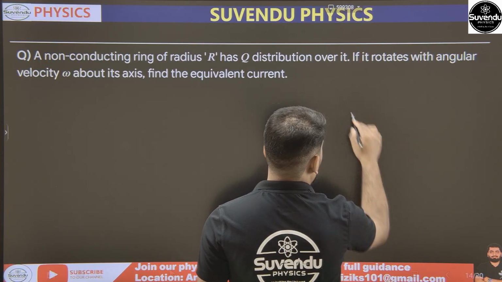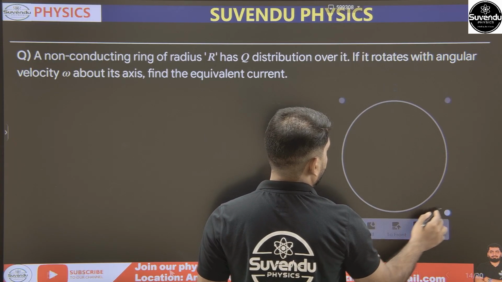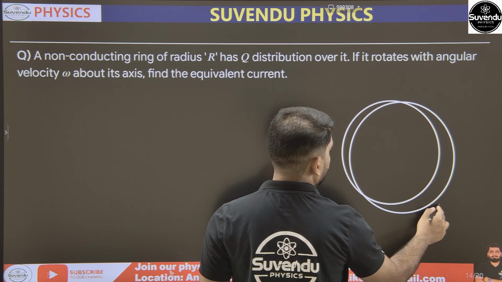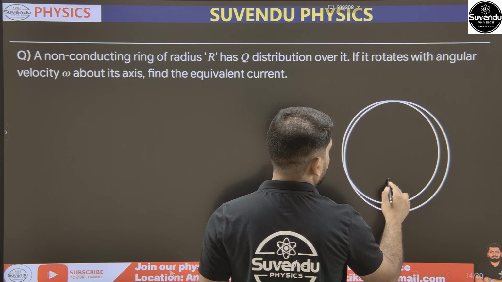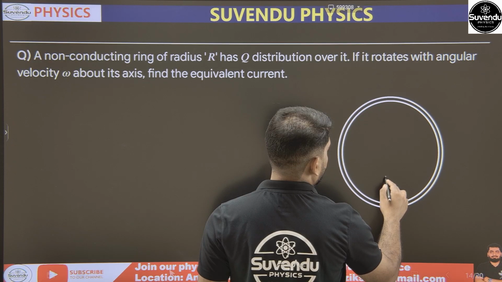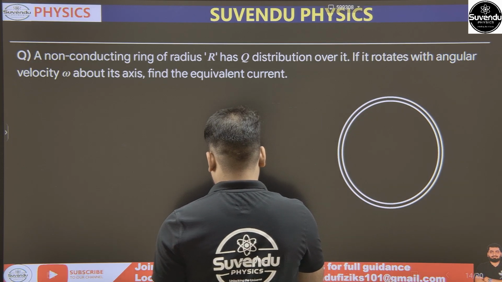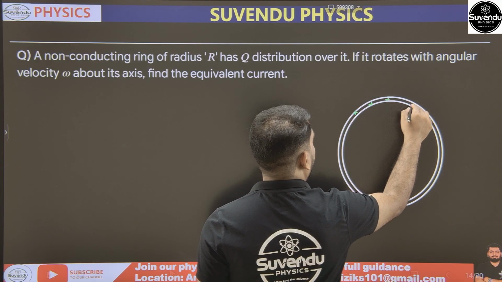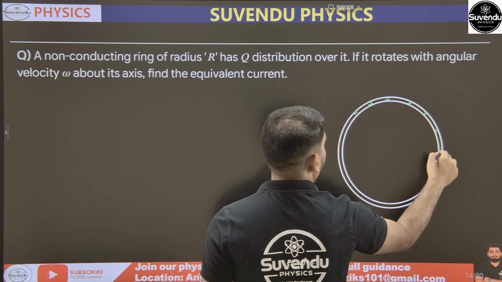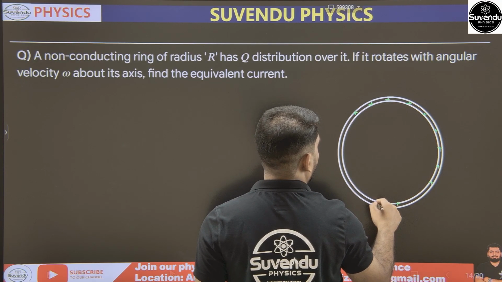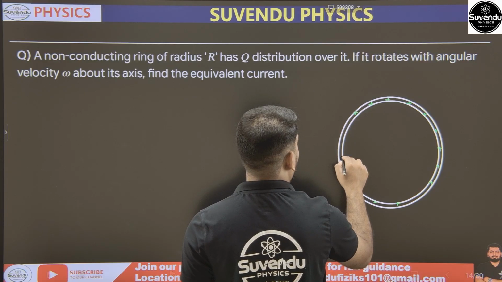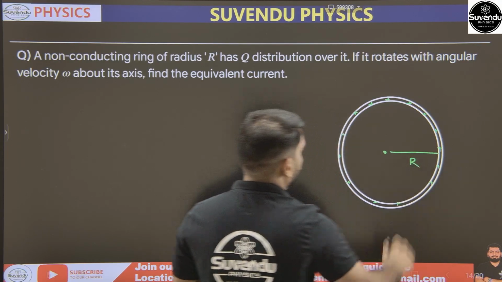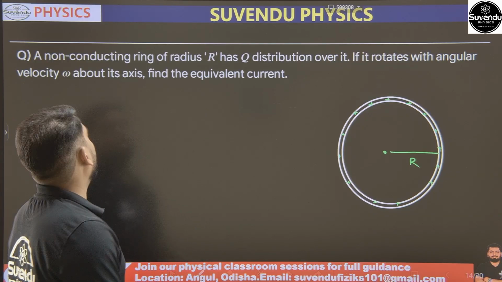Suppose this is your non-conducting ring. It rotates with angular velocity omega. Its radius is capital R.